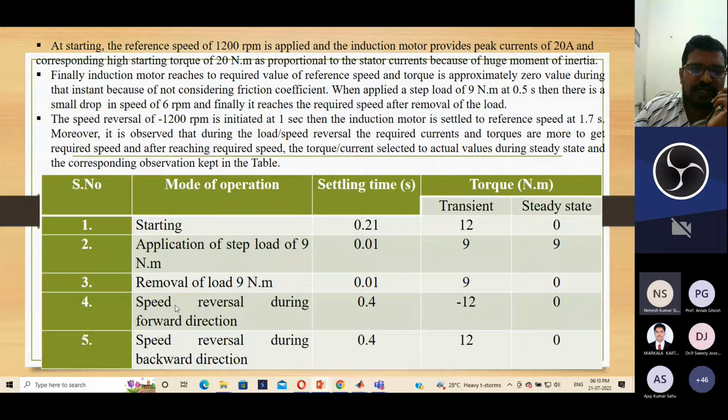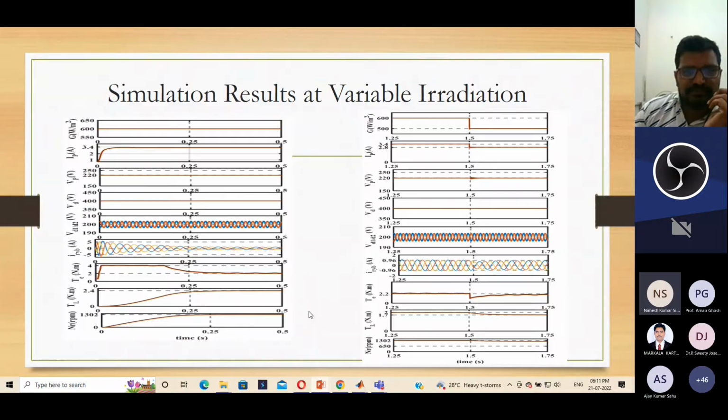Then I applied a speed reversal, where the motor speed has to be driven in the negative direction, and then again from reversal back to the normal direction. So these are the parameters we achieved in the simulation.